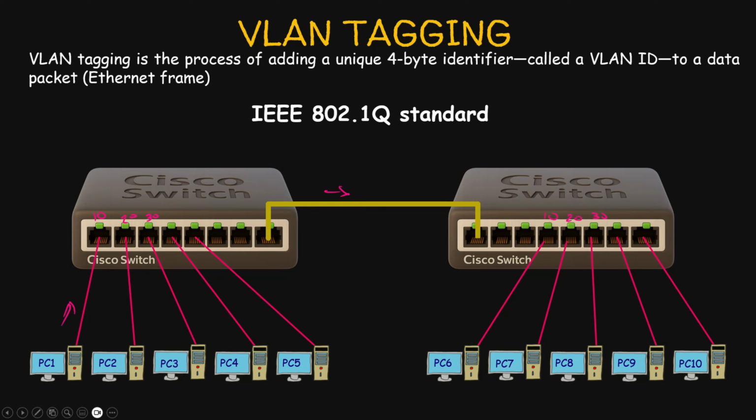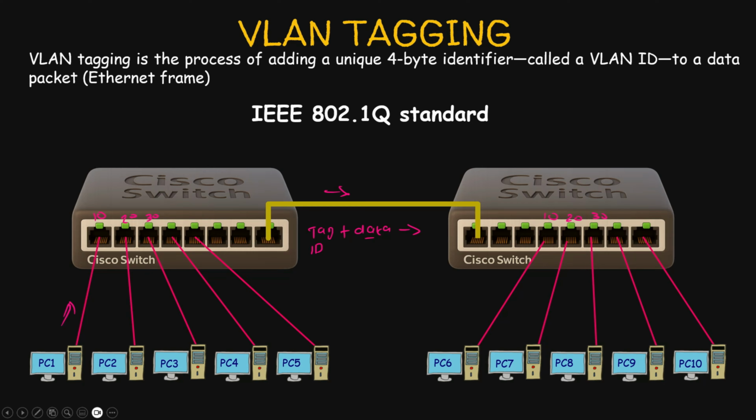And it is not just simply forwarding that traffic. In that traffic, the switch will add a 4-byte identification number, which is called the VLAN ID, into the data. So it will use that tag plus data. This is how the switch sends the traffic to the next switch. When the receiving switch receives this data, it will look into the data and see which VLAN ID the data is tagged with.